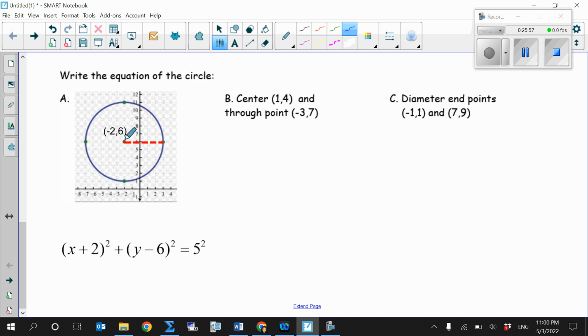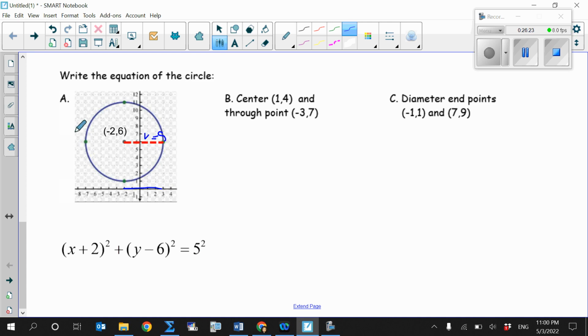Radius is the distance between the center and the perimeter of the circle. So to find this distance, you can just look at the x values of these points. This point, x value is at negative 2. X of this point is 3. The distance between them from here to here is 1, 2, 3, 4, 5. So the radius is 5.